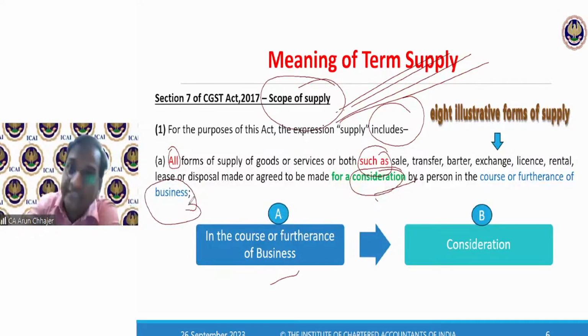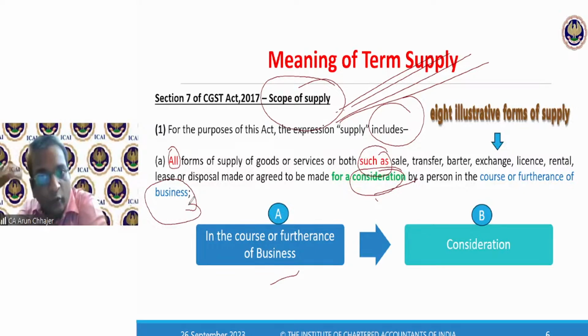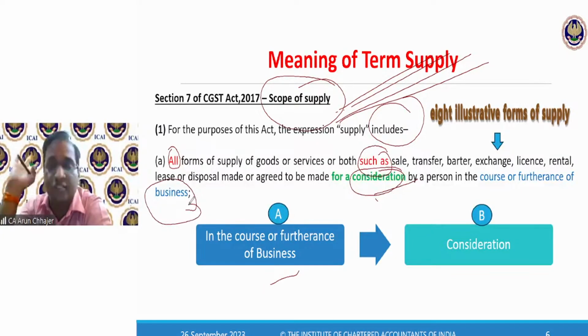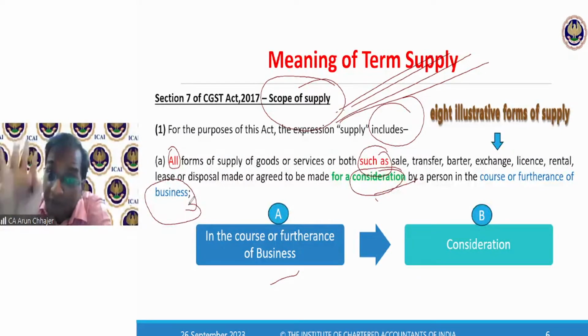Let's take one more example. I am a chartered accountant. I am doing the filing of income tax returns and the tax audit. It is my business. But let's say I have filed one ITR for one of my friends, and for him I have not taken any charges. It is a free of cost service. Do I need to pay the GST on this transaction? The prima facie answer would be no, because it is a free transaction.